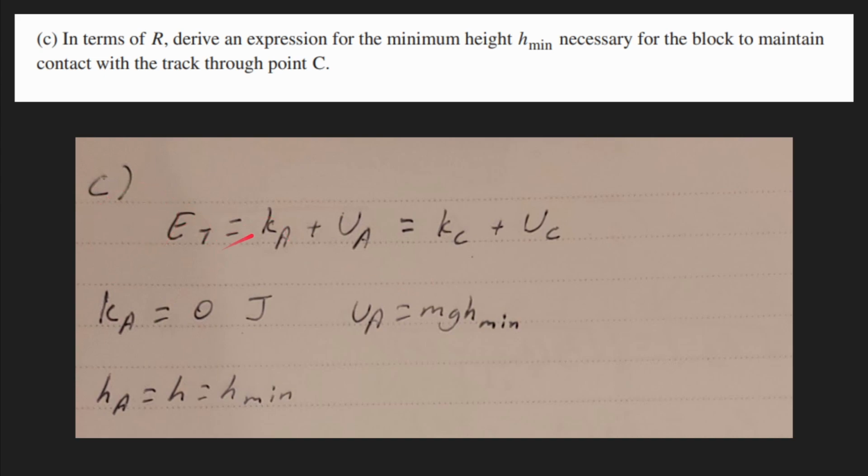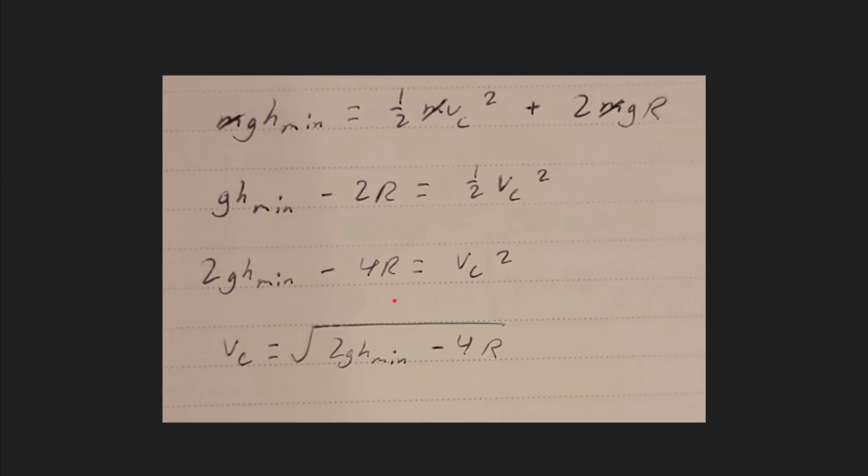Total mechanical energy is equal to Ka plus Ua, and now we're using the point C, so Kc plus Uc. As we established before, kinetic energy at point A is 0 joules. And here, h is going to be substituted for h min for our height at A. So our potential energy at A is mg h min.